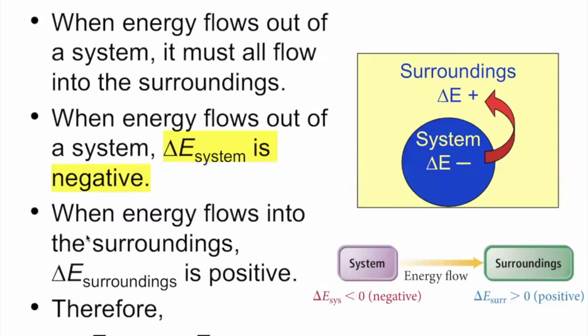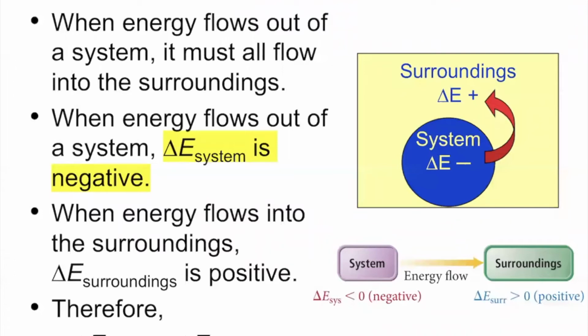So think of it when we are discussing energy. If you're going to define your system, and the system is releasing energy to the surroundings, then we're saying that the delta E of the system is negative because it's losing, but the surroundings are going to be positive. Think of this as your bank account.